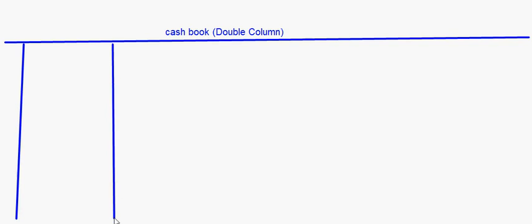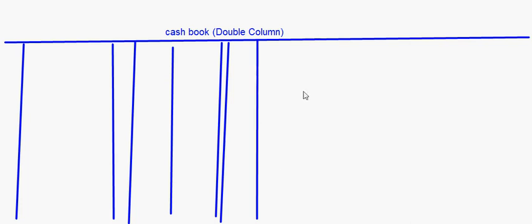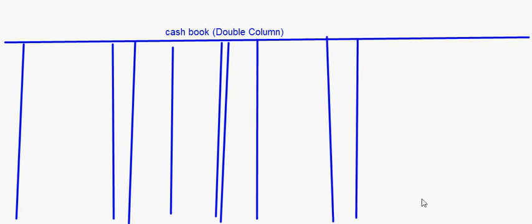Format of this, right? You already know how to prepare a single column cash book. So here basically the debit side, the date column will be there, particulars, right? And then ledger folio, fine, and then one cash column and then one bank column, right? After that the credit side, again the same, date, particulars, ledger folio, cash and bank, right?